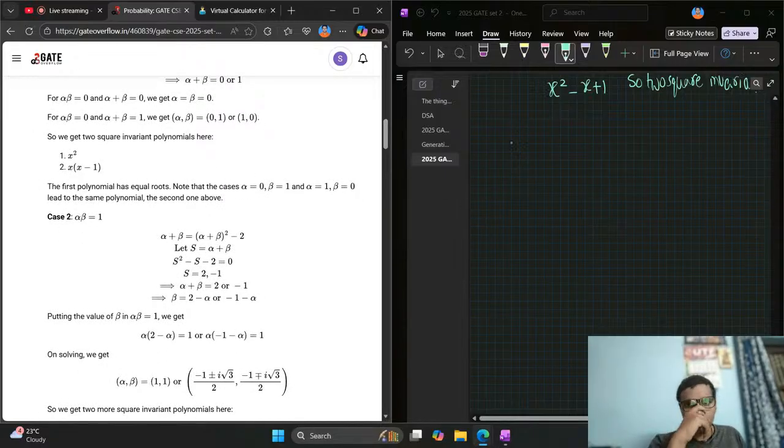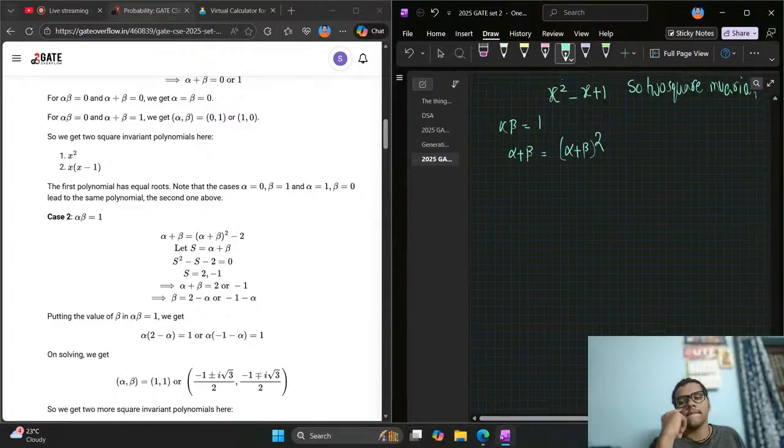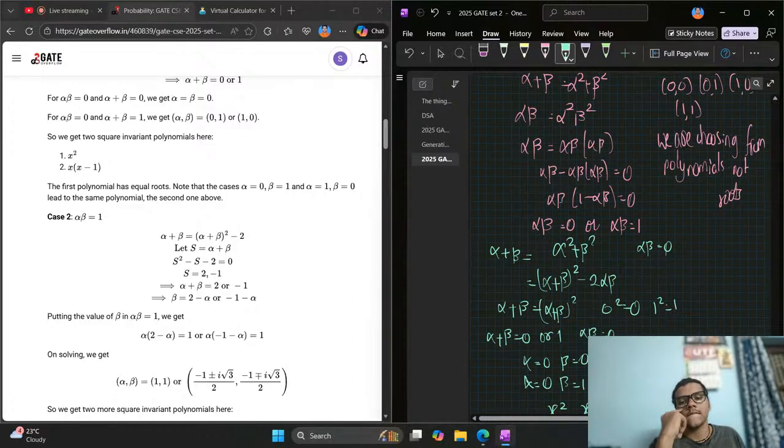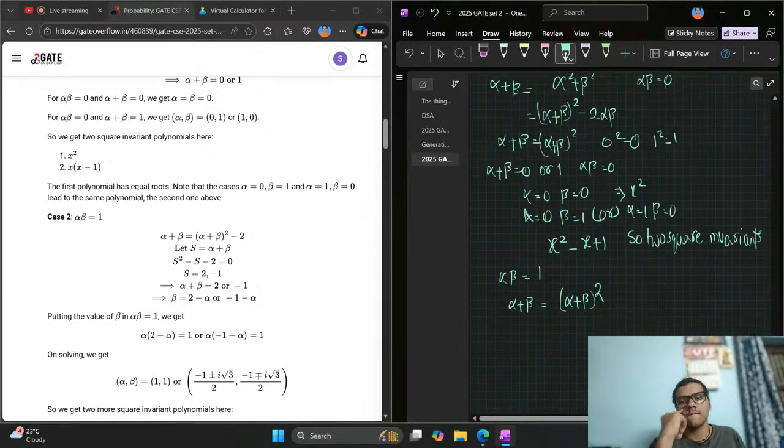So in the second case, when alpha beta is equal to 1, alpha plus beta is equal to alpha plus beta whole square minus 2 alpha beta.